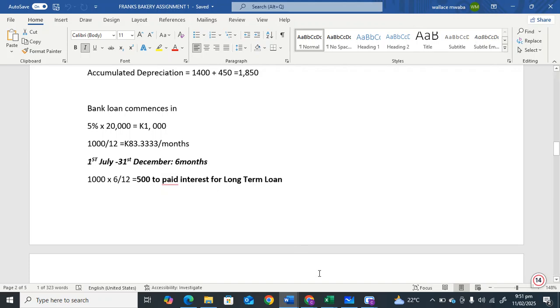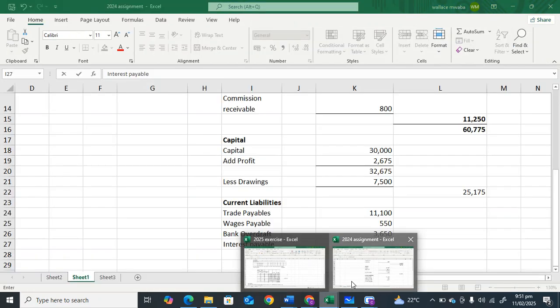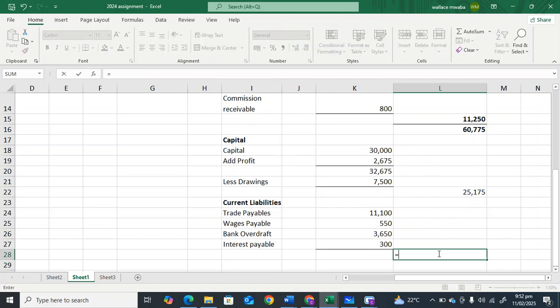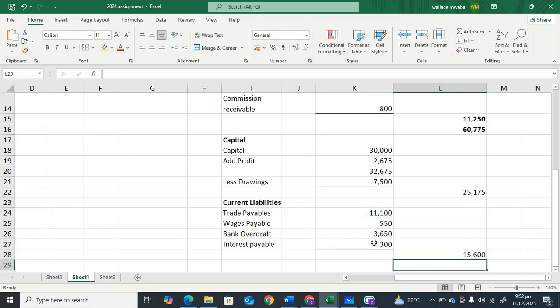So it means there's a balance of 300 kwacha owing. We add up and get 15,600.